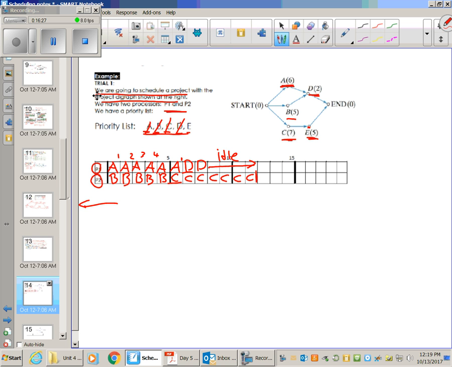Once we reach this point, either P1 or P2 can work on task E because it's after C. We'll just give it to P1 since he's been idle for so long. It doesn't matter, we get the same answer. And that's a processing time of 5. 1, 2, 3, 4, 5.